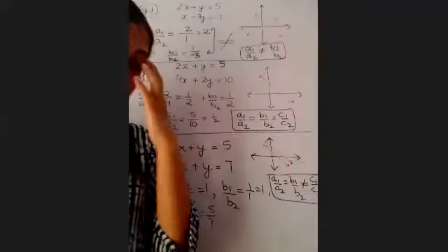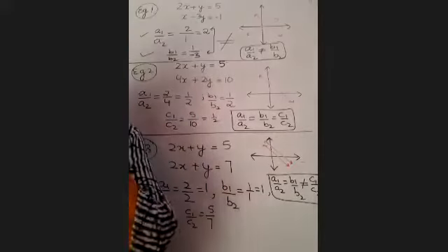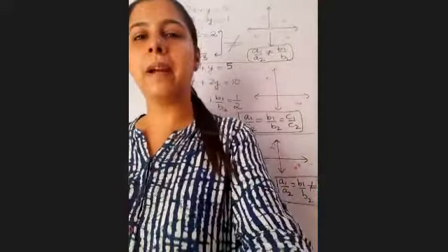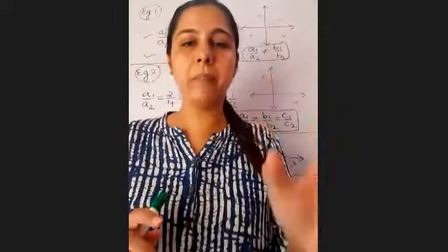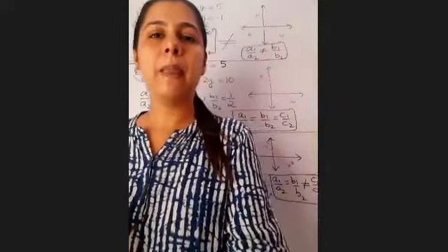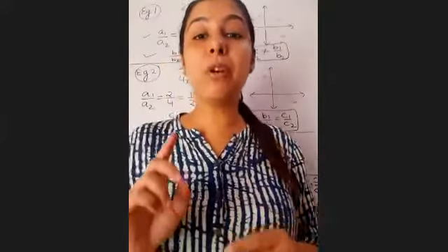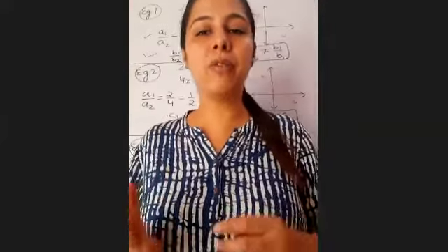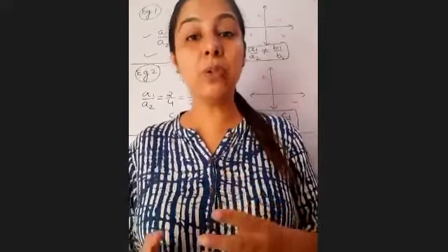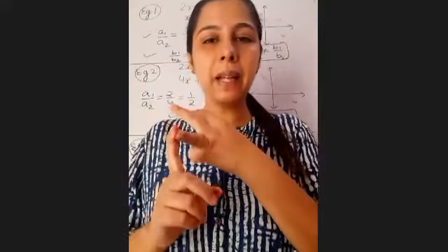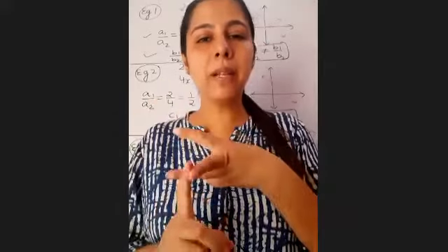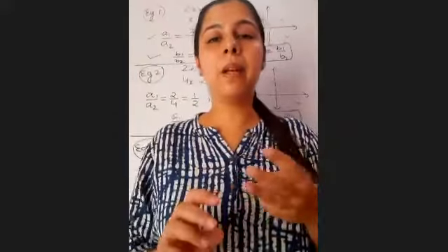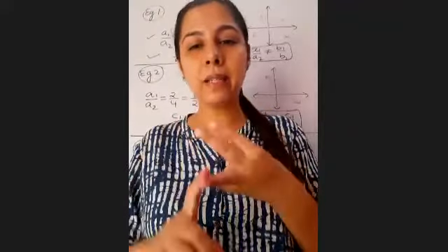Please pause. Children, you have to understand different kinds of terms and record them in your register and in your mind. Please pay attention. If I'm talking of the nature of lines, the vocabulary used will be intersecting lines, coincident lines, parallel lines.